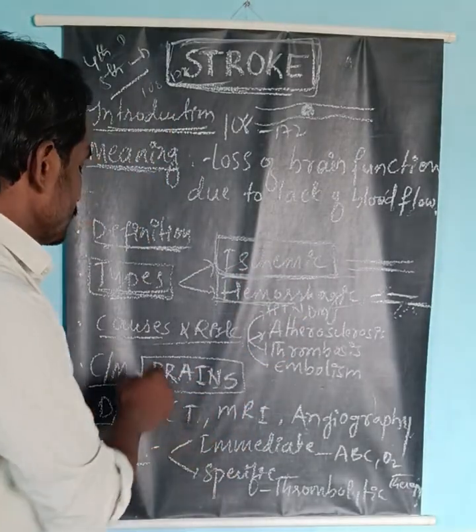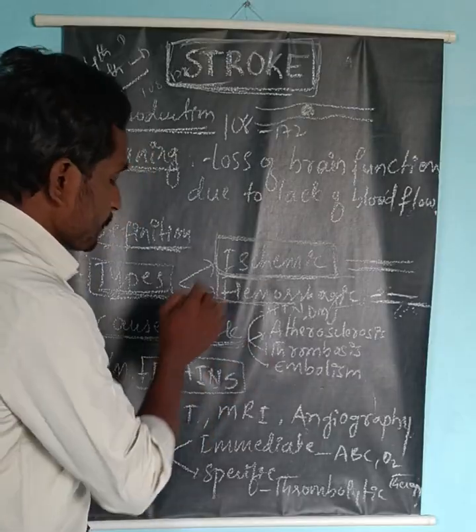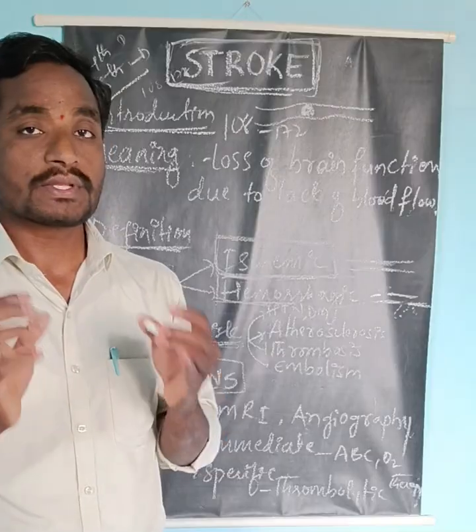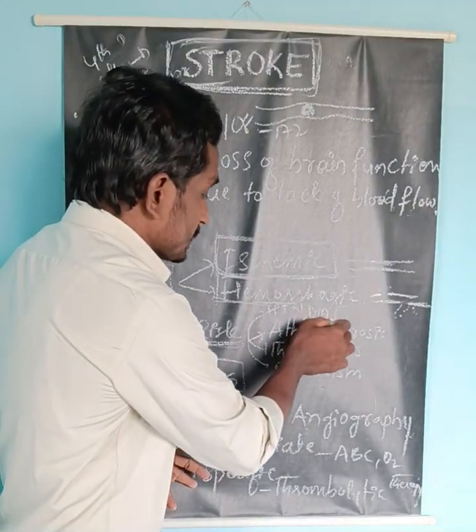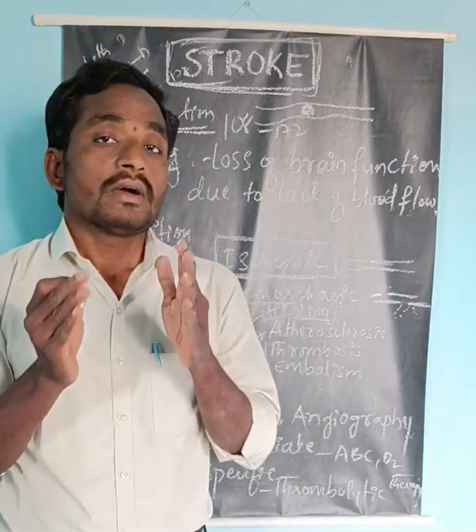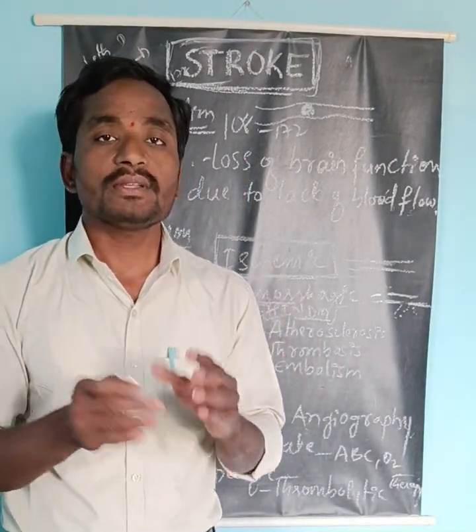Now coming to the causes and the risk factors for stroke. The most important causes for stroke are diabetes mellitus as well as hypertension. Just see the relation between diabetes mellitus and stroke.